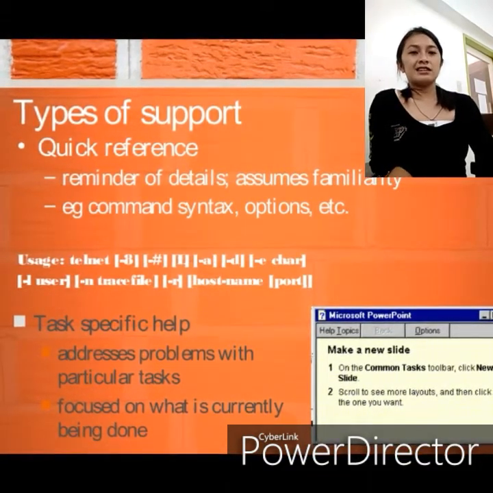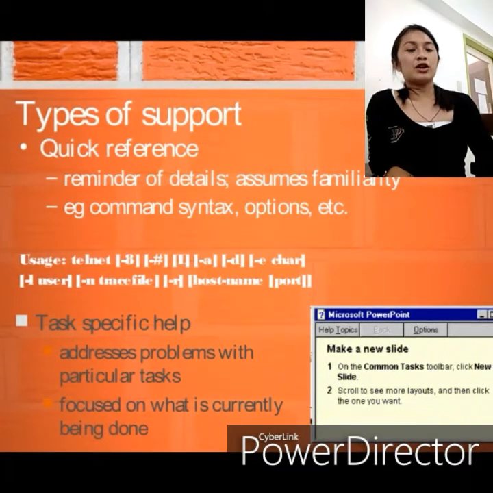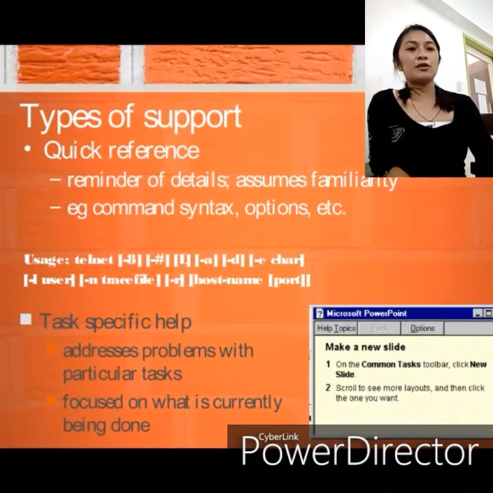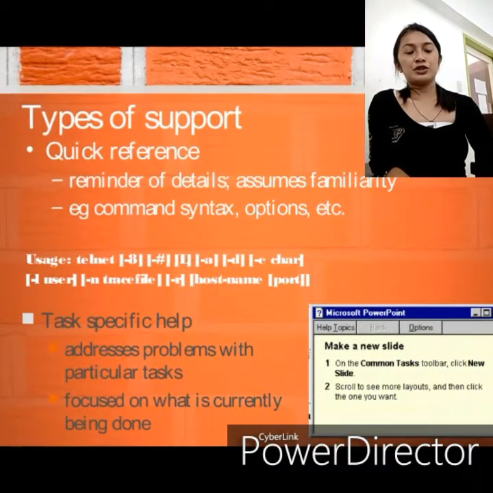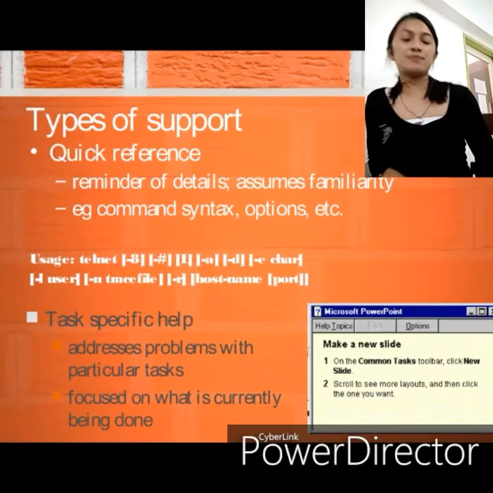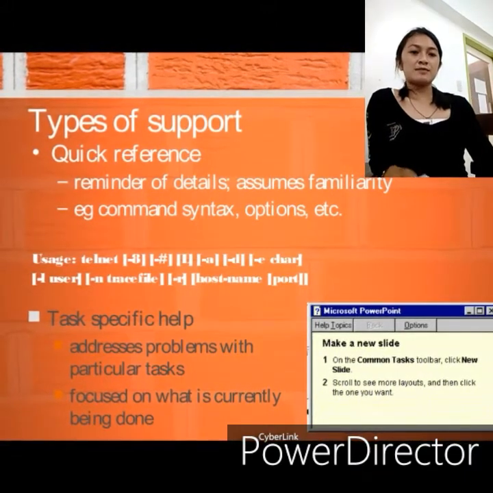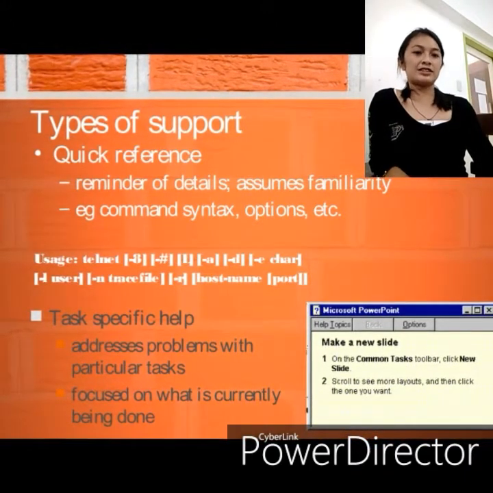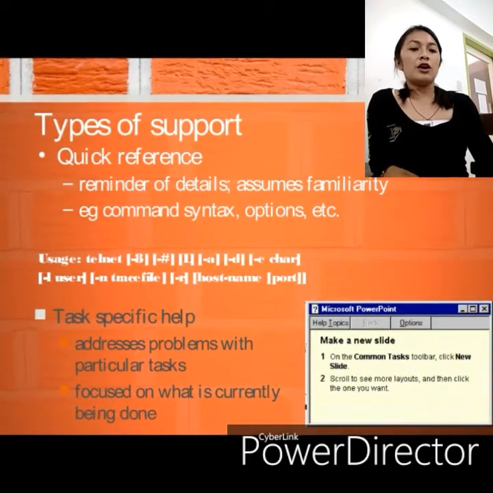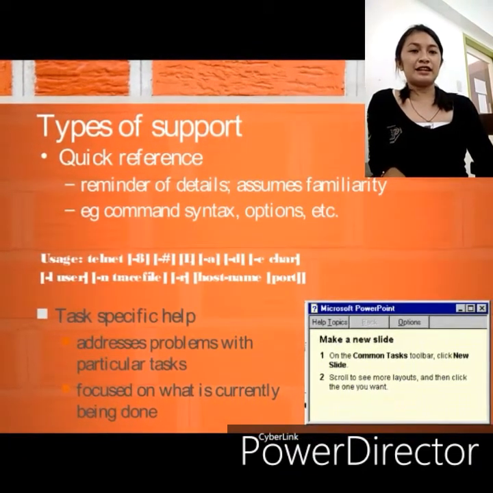Quick reference is a reminder of details, assumes familiarity, such as command syntax, options, etc. Second is task-specific help. Task-specific help addresses problems with particular tasks, focusing on what is currently being done.